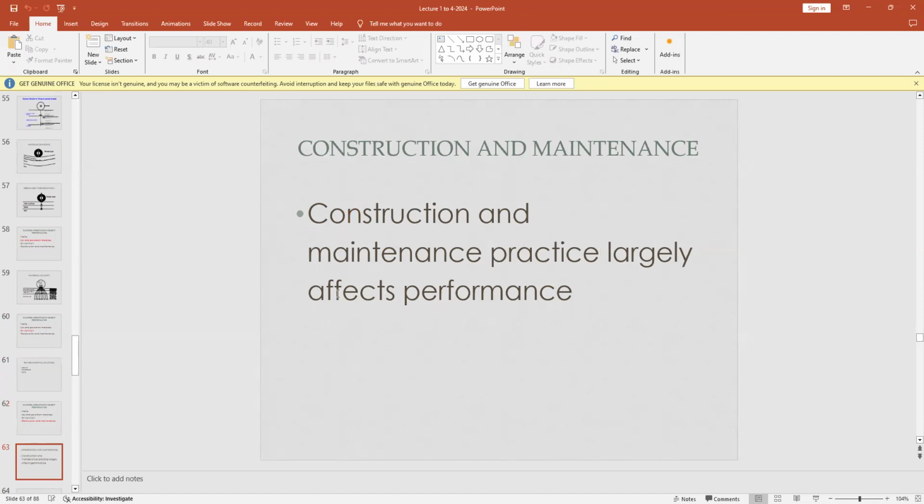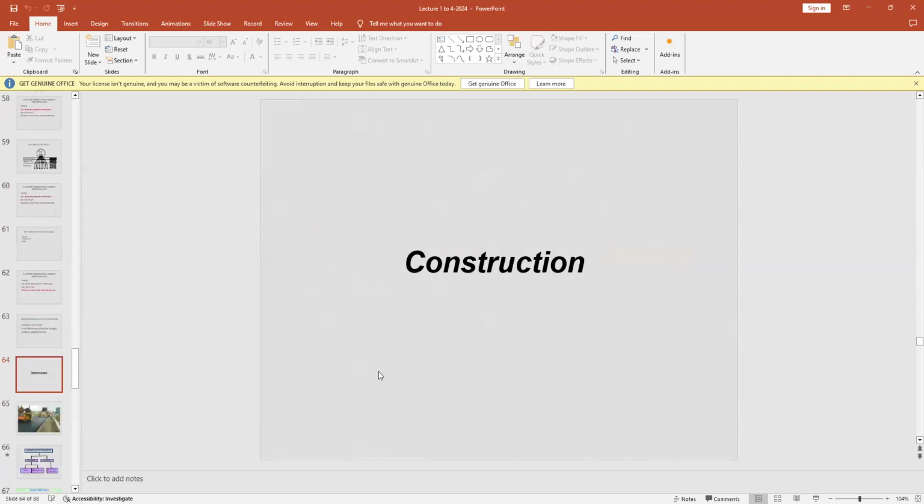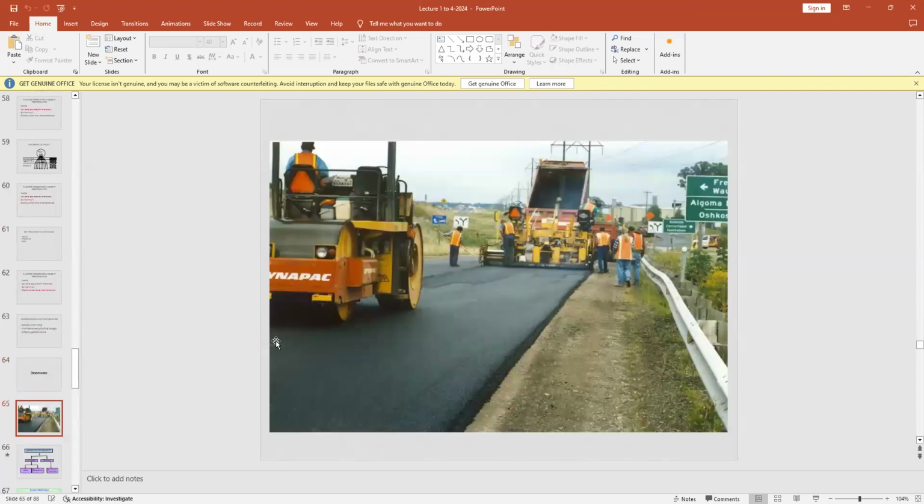And this is how they actually damage the pavement and its performance if they're not properly constructed. Nowadays pavers are very common in most of the big metropolitan cities of Pakistan.